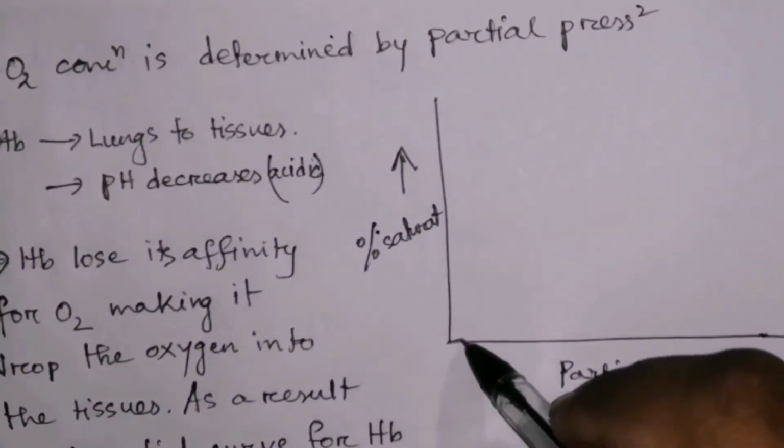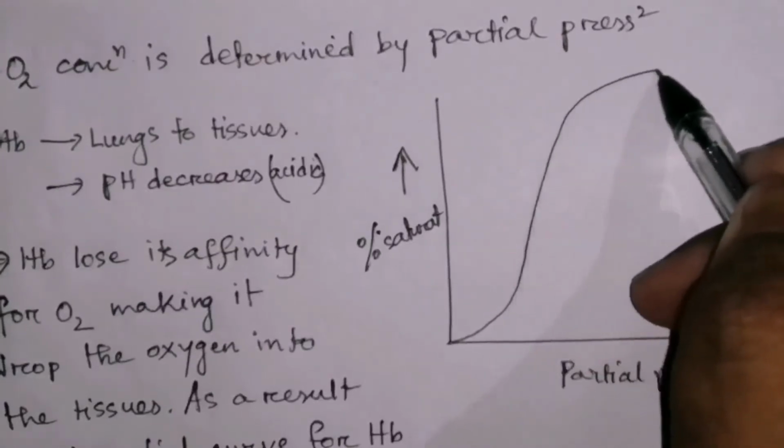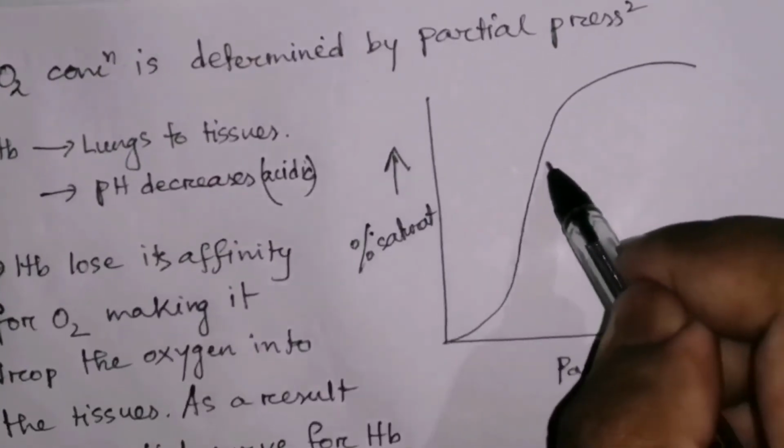So we generally get a sigmoidal curve for hemoglobin.